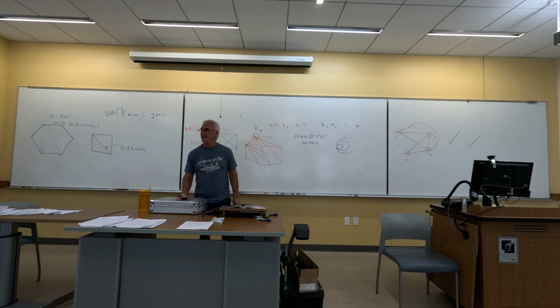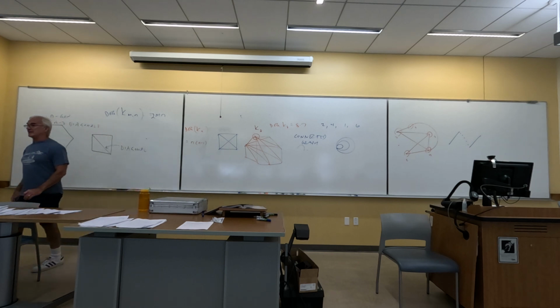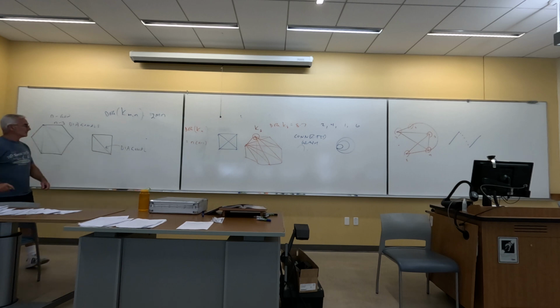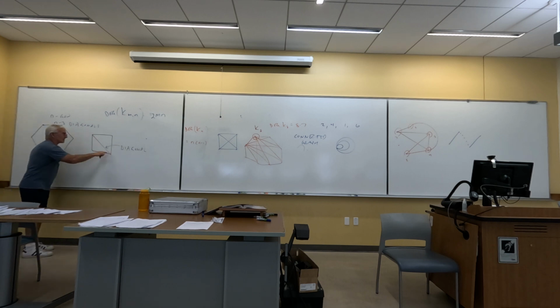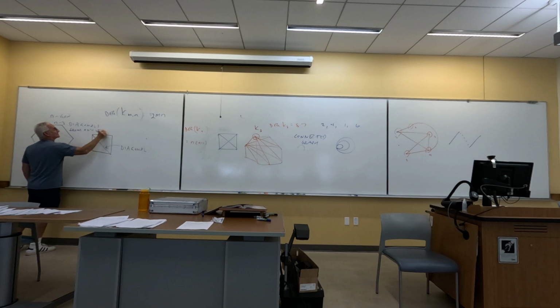That makes sense, doesn't it? And in a square, from any one vertex, how many diagonals can I draw? Only one. That's the only diagonal I can draw from that vertex. So that would be n minus 3 diagonals from any vertex.